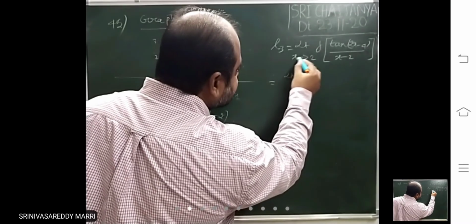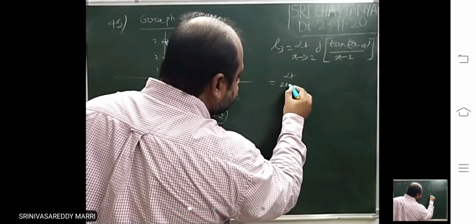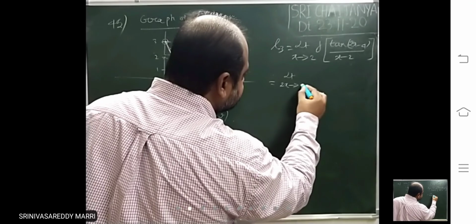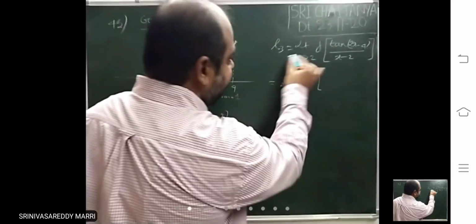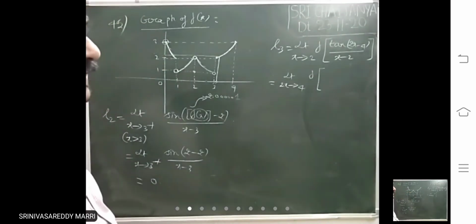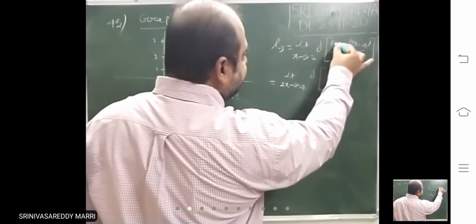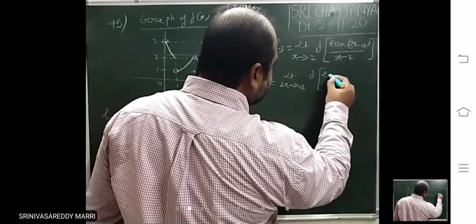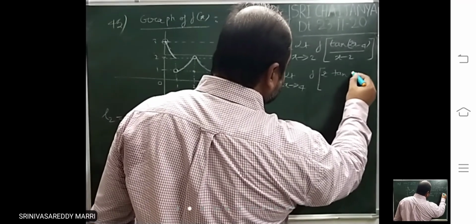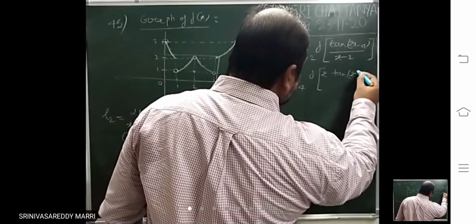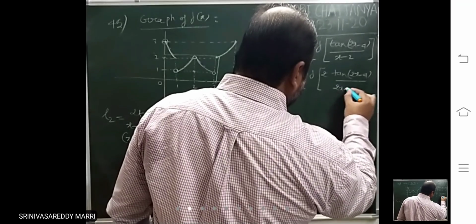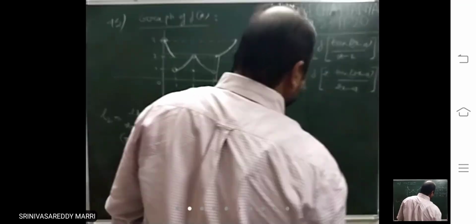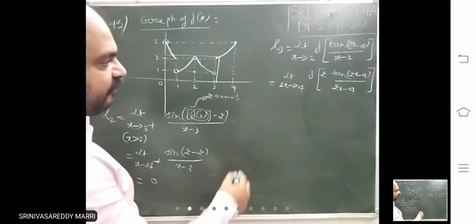Limit here, x tends to 2 means 2x tends to 4. If you multiply both sides by 2, 2x tends to 4. I am multiplying and dividing it by 2, divided by 2x minus 4.